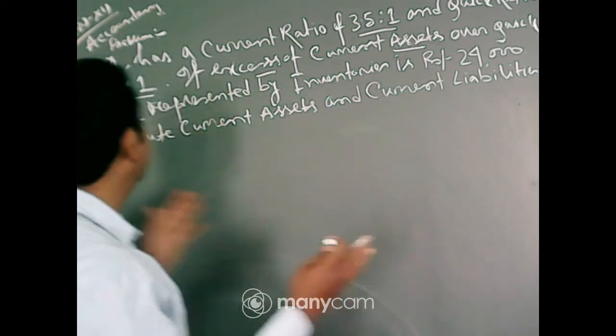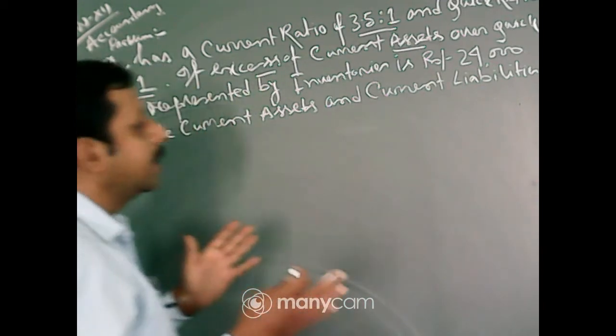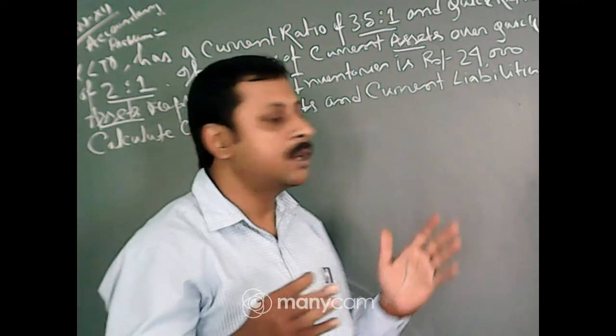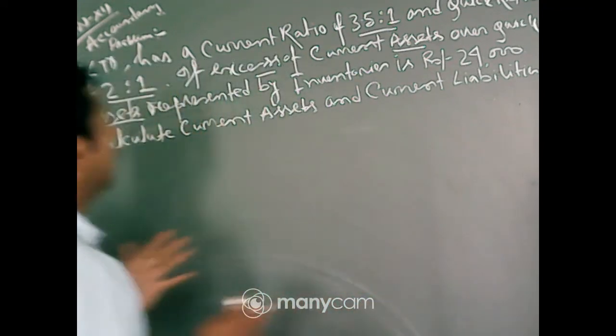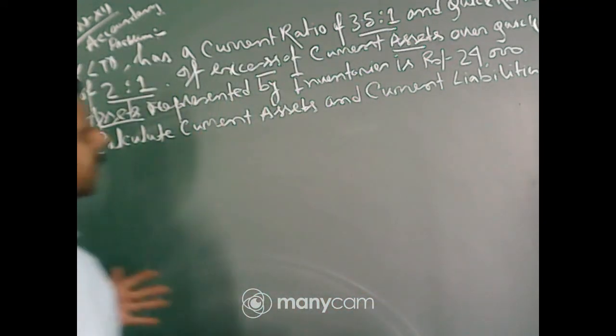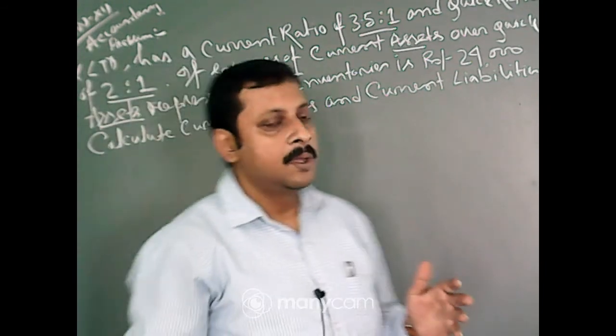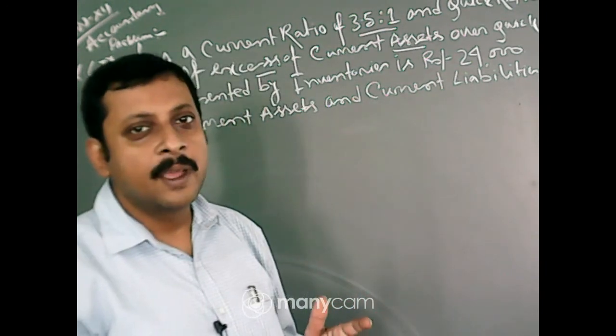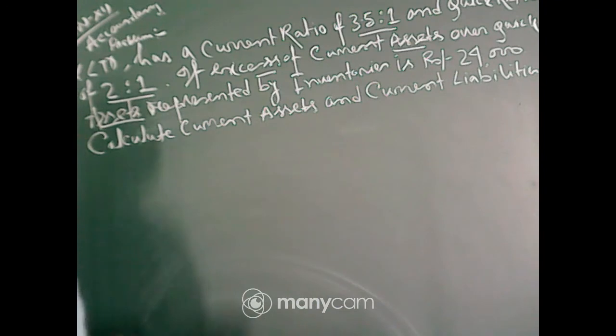So this is the main difference between current asset and quick asset because of inventories, that is 24,000. Calculate current asset and current liabilities.